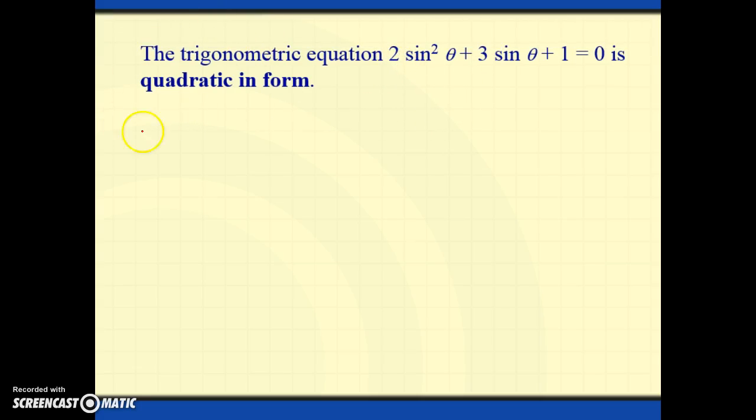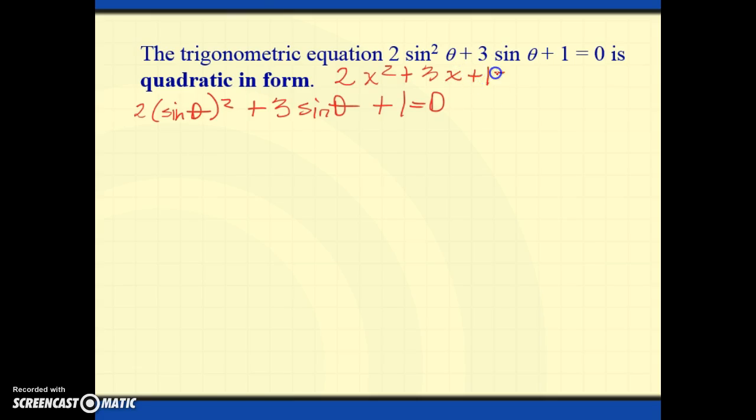So here I have 2 times the sine of theta, quantity squared, plus 3 times the sine of theta, plus 1 equals 0. I'm going to do this one just as if it were 2x squared plus 3x plus 1 equals 0.